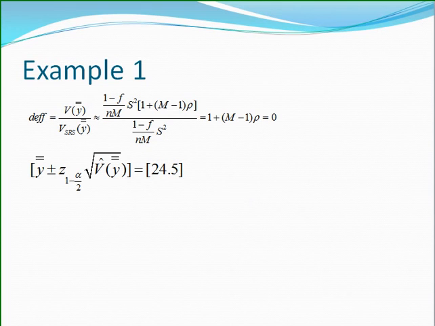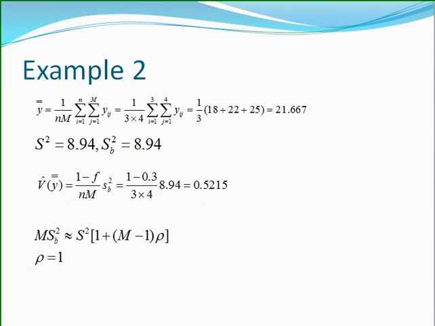Then example 2. About example 2, the mean of the sample is also the same. Add together and divide by the number, which is 3 clusters and 4 people, and the result ends up 21.6.